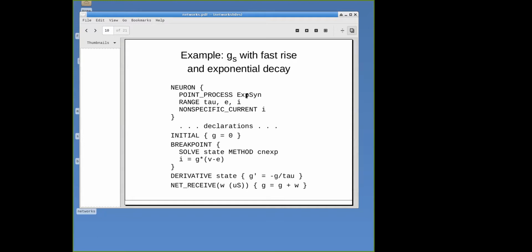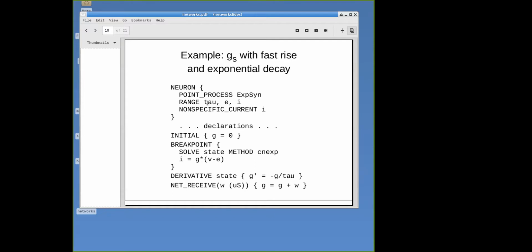What do I mean by that? It has a state variable called G, whose conductance is governed by this first order differential equation, an equation that specifies that if G is non-zero, it will decay mono-exponentially towards 0 with a time constant of tau.